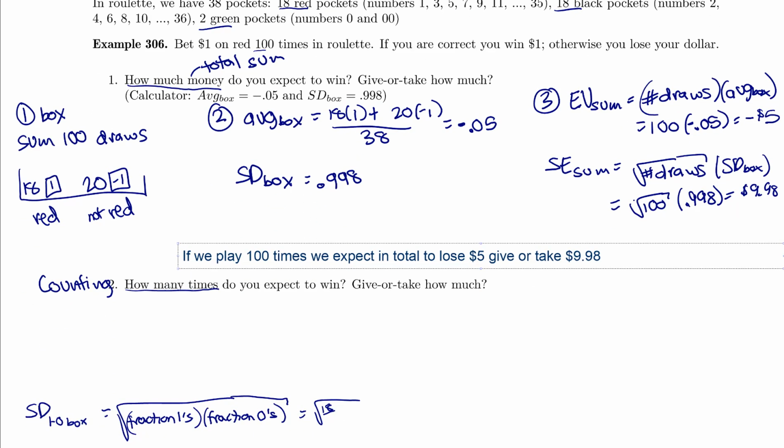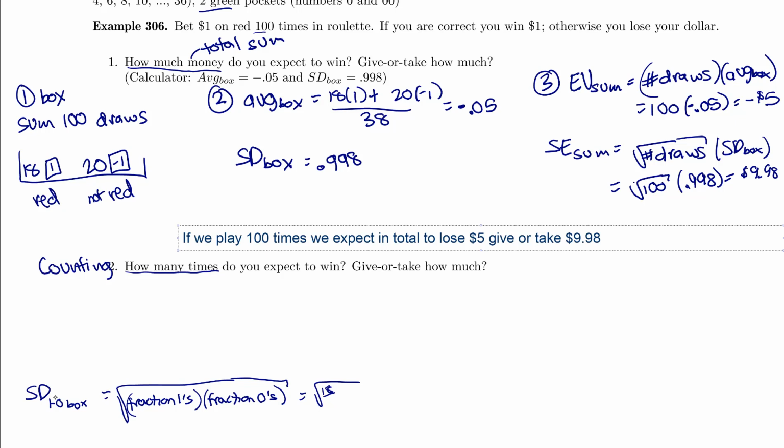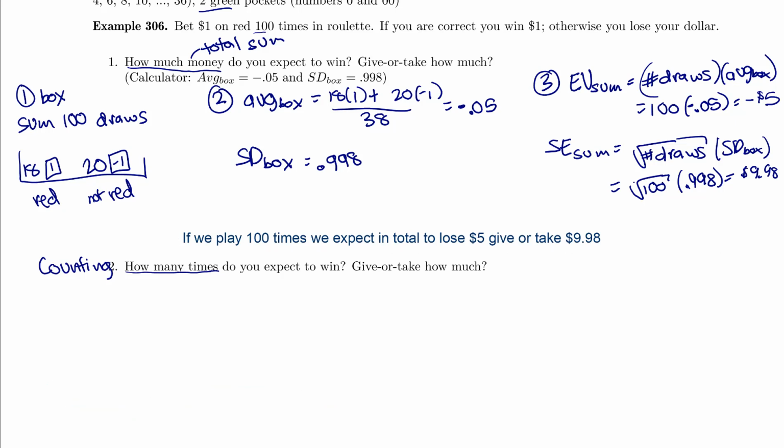Let's look at part 2. How many times do you expect to win? First step is you need to find the box. So it's going to still be the sum of 100 draws. But now my box is going to look different. Now I still have red and not red.